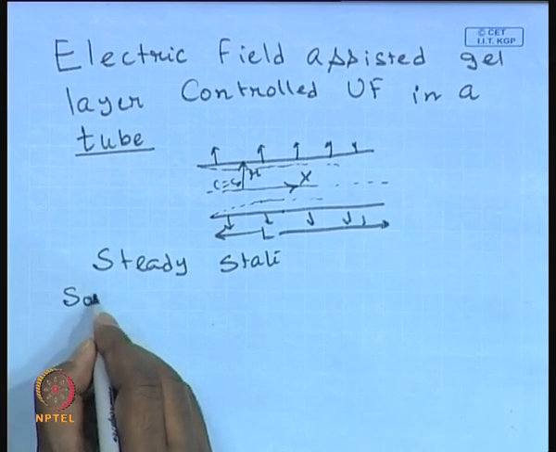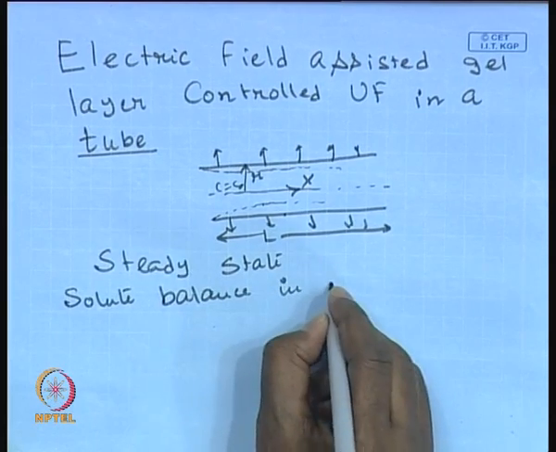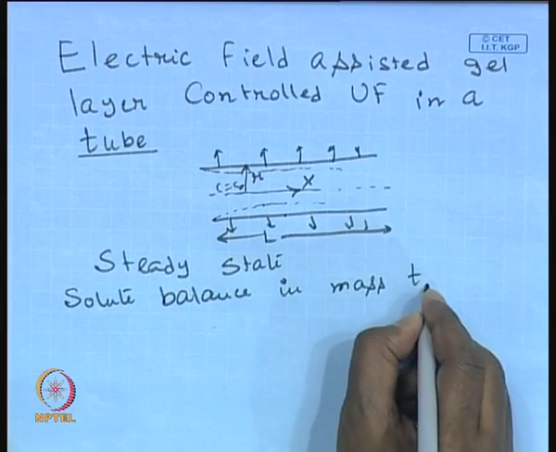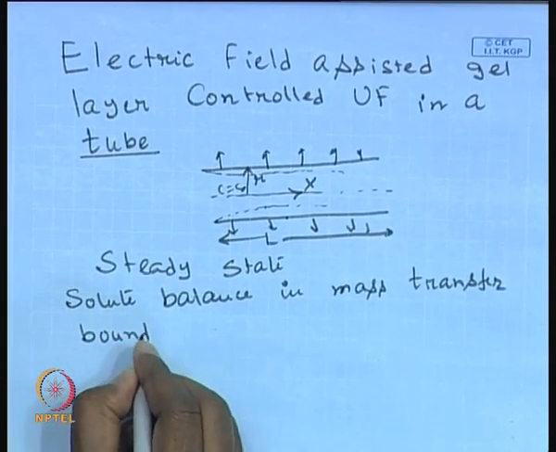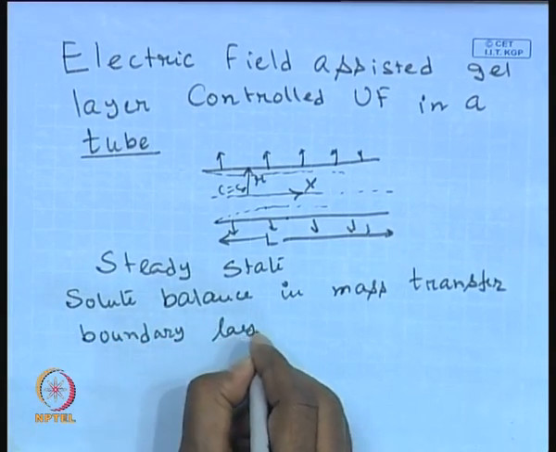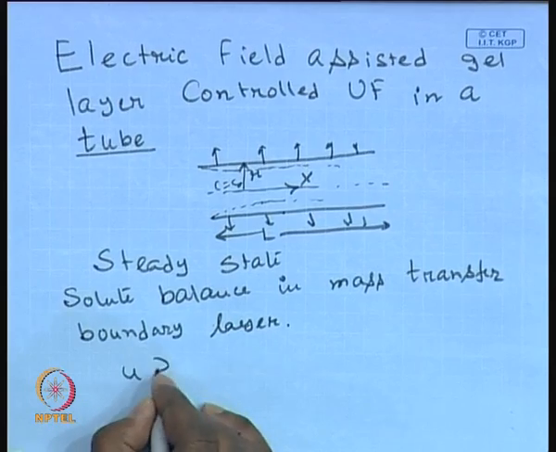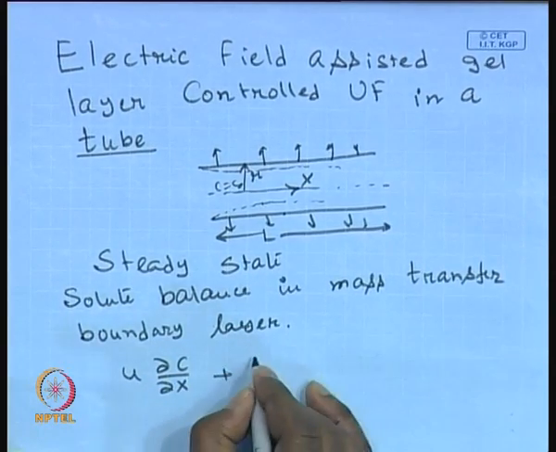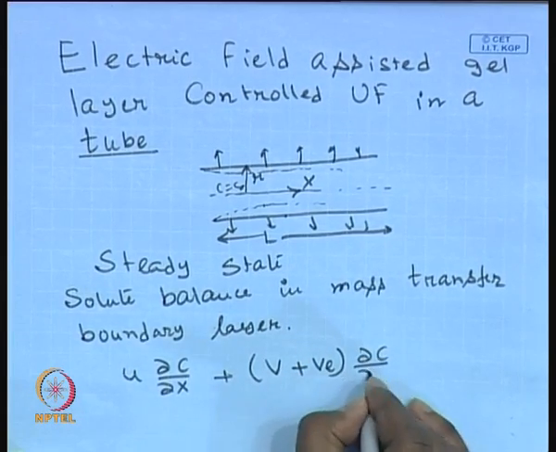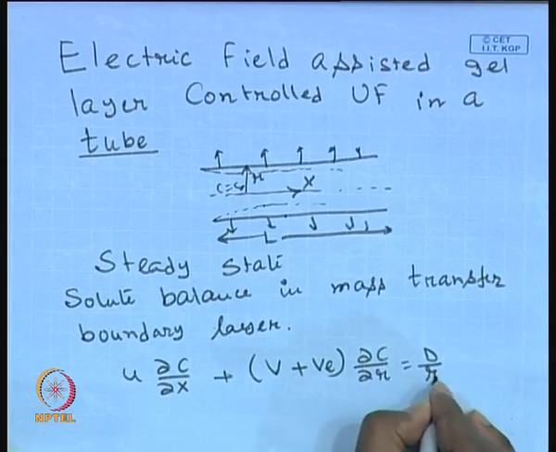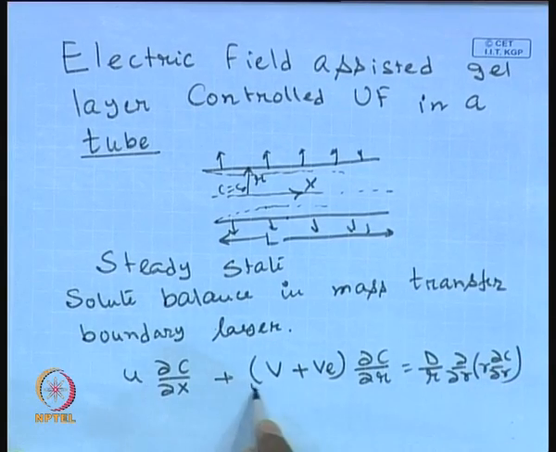So, the solute balance in the mass transfer boundary layer, if you write it in radial coordinates, becomes u del c del x plus v del c del r is equal to D by r del by del r of r del c del r. It should basically be v.